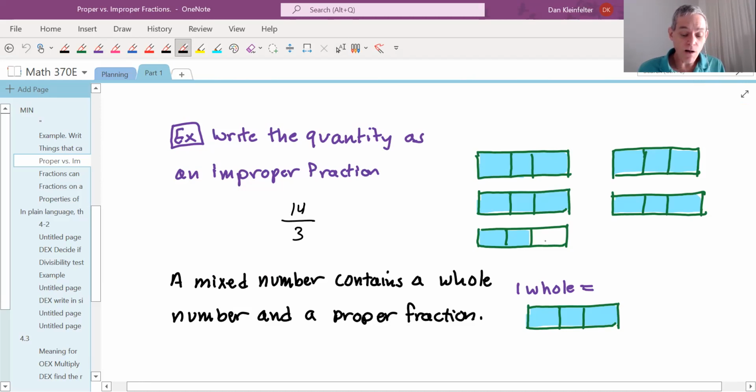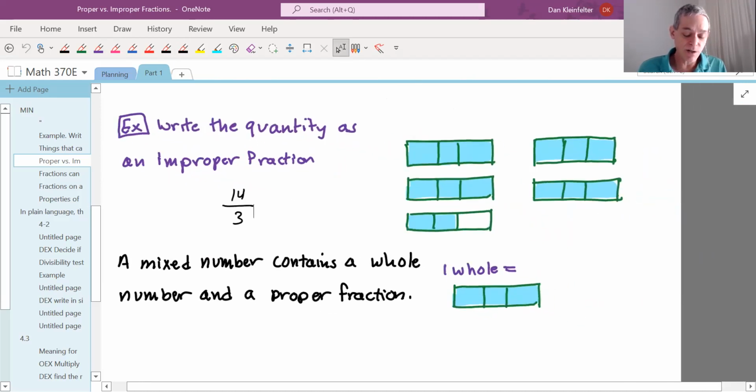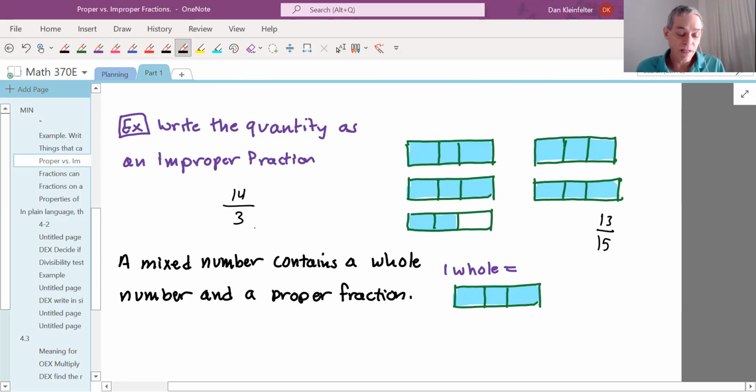If we take all of these, the entire picture to be the whole, then it's divided into 15 pieces, out of which 13 are shaded. Okay, so which is it, 14 thirds or 13 fifteenths, which are, of course, two different numbers? Well, it depends on what you're considering to be the whole.